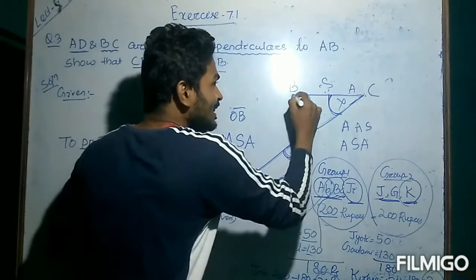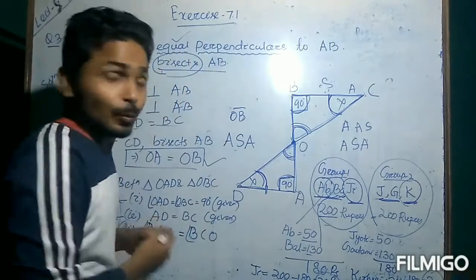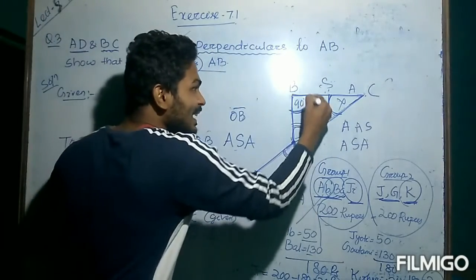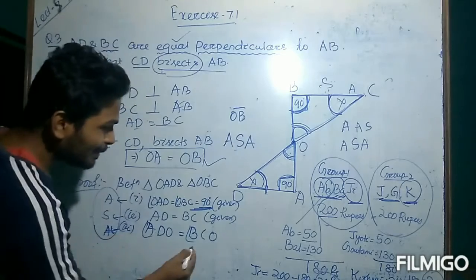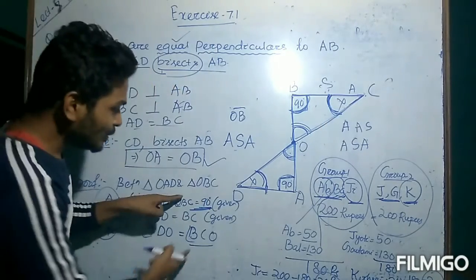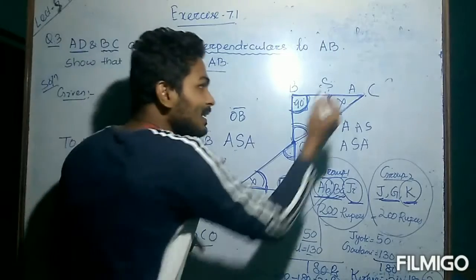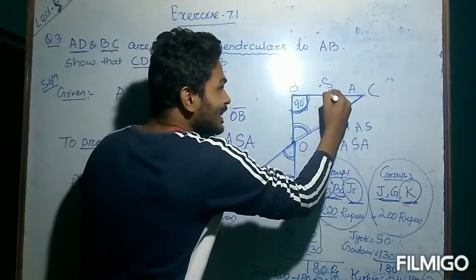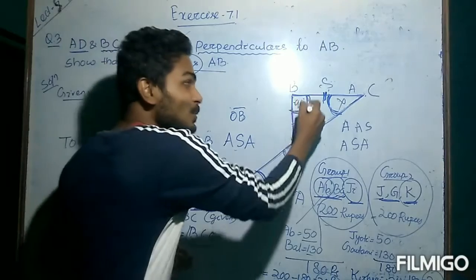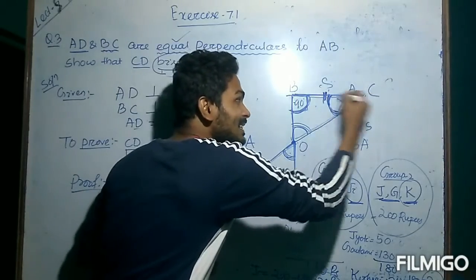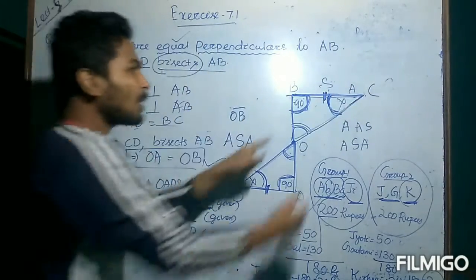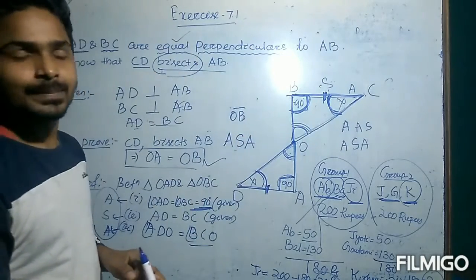Since in this triangle we are talking about this angle 90 degrees and this angle BCO, these are two consecutive angles, and it is also given that this side and this side are equal. So is this side the included side of the two angles? Yes, BC is the included side of the two angles.